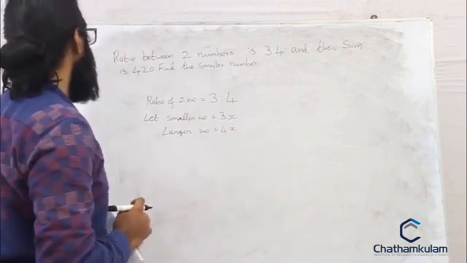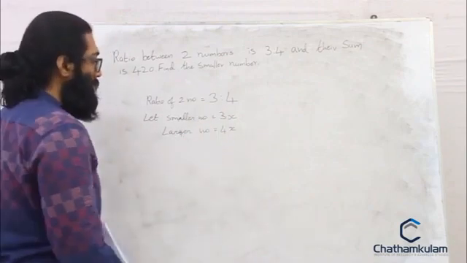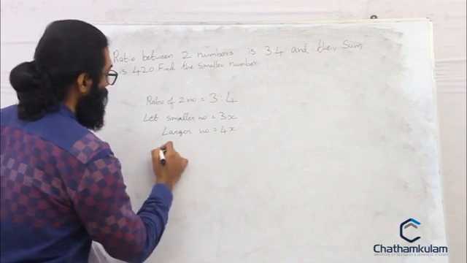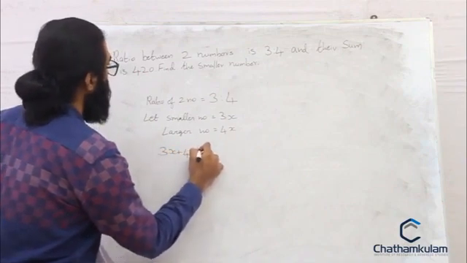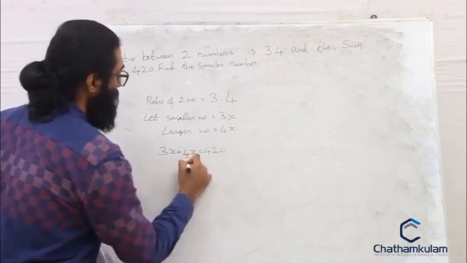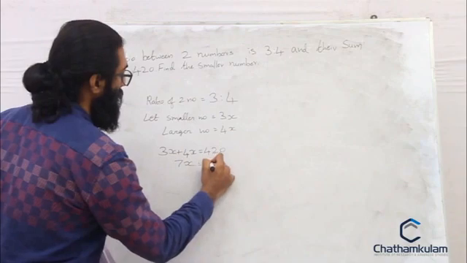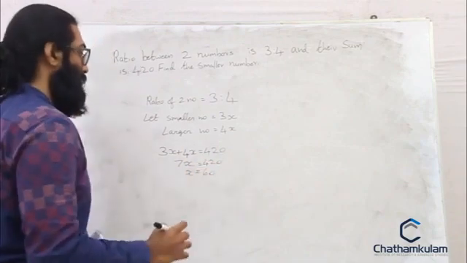So what is given in the question? Their sum is 420. So the sum of the smaller number and the larger number is 420. Therefore 3x plus 4x equals 420. Therefore 7x equals 420 and x equals 60.